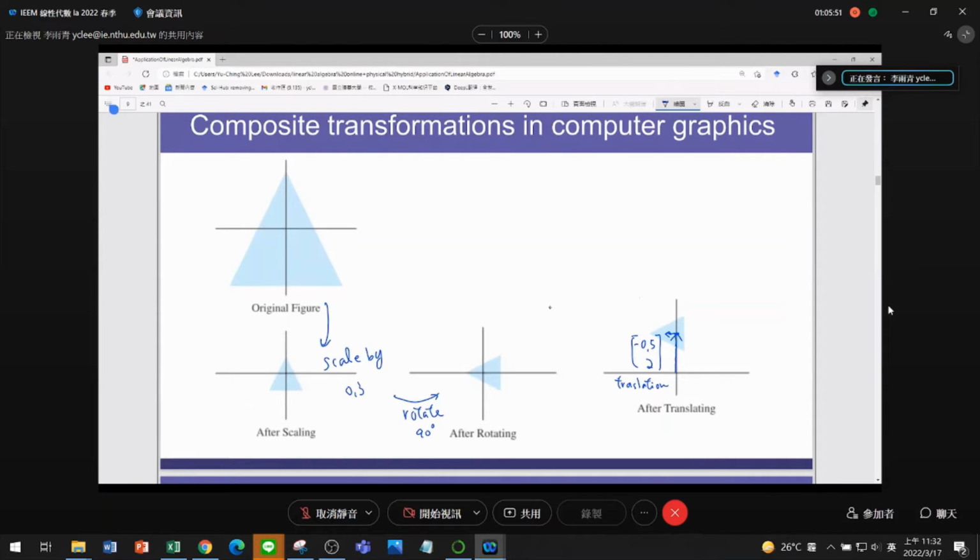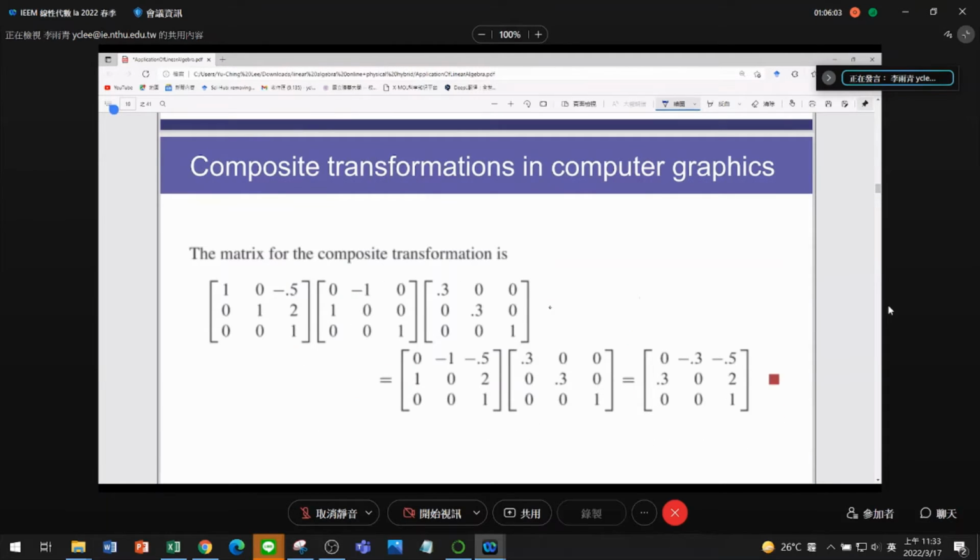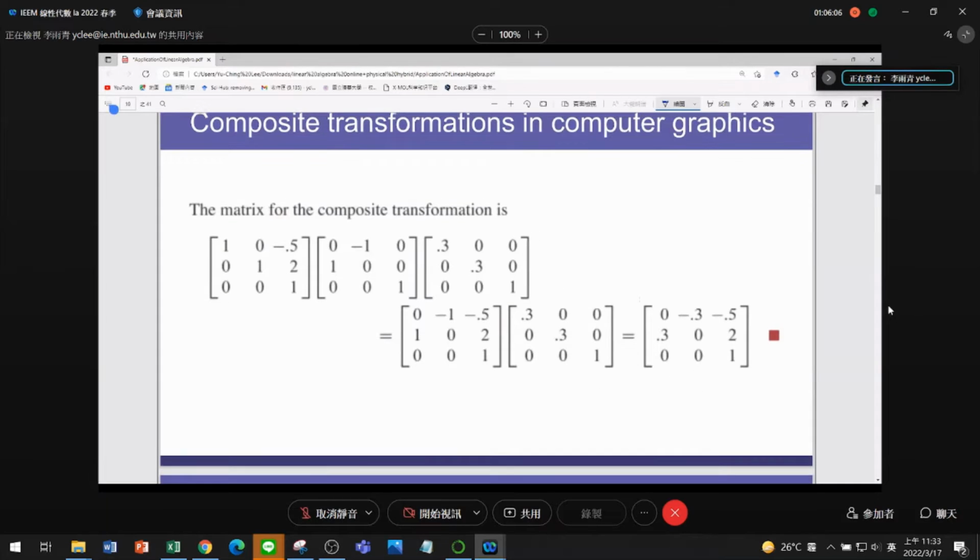So with the homogeneous coordinates, we are able to change the shape of the graph. So what will be the composite transformation? Composite is to multiply all the matrices together.